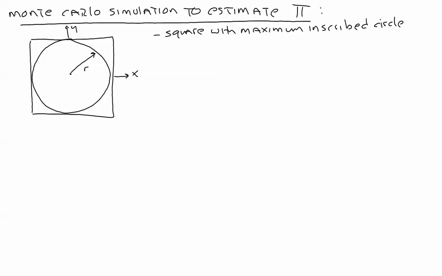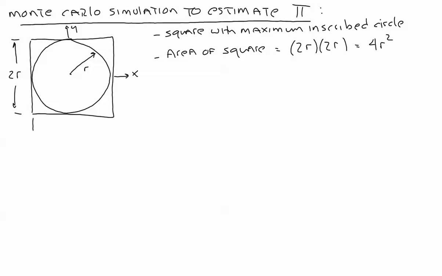The area of the square is just going to be 2r times 2r. That's 4r squared. So my box is 2r tall and 2r wide.